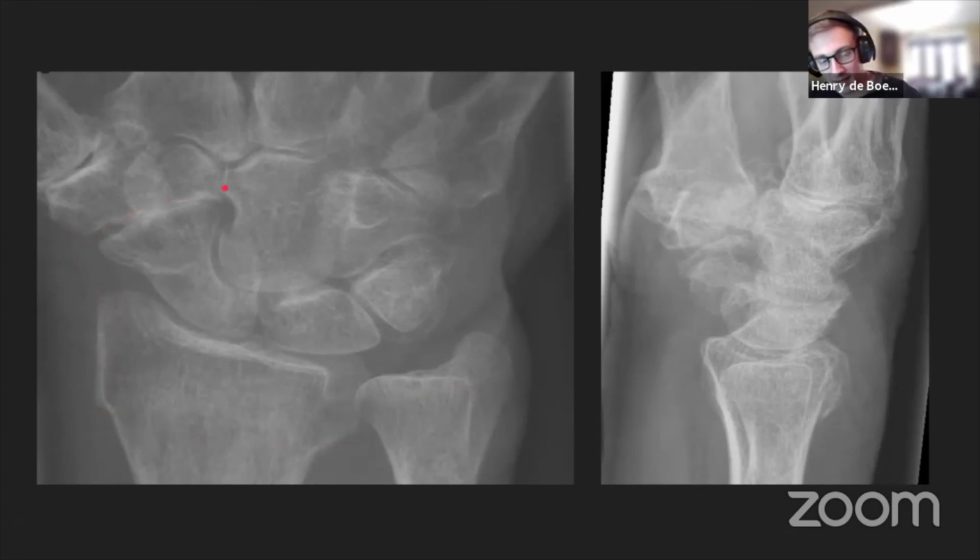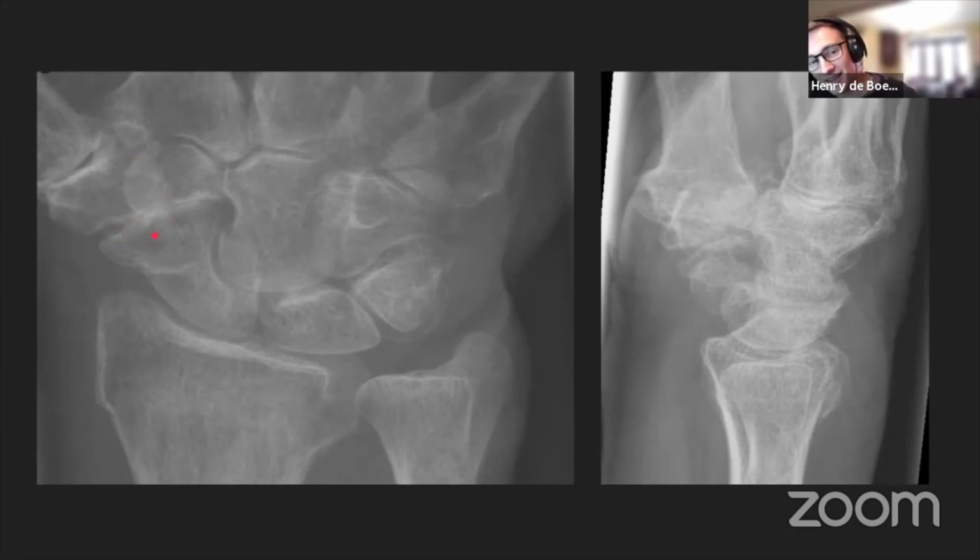So particularly here in the STT joint, so scapho, trapezium, trapezoid joint, and the base of the thumb. So the thumb carpometacarpal joint, these are narrowed. We can see sclerosis, some cystic change. So that's OA.